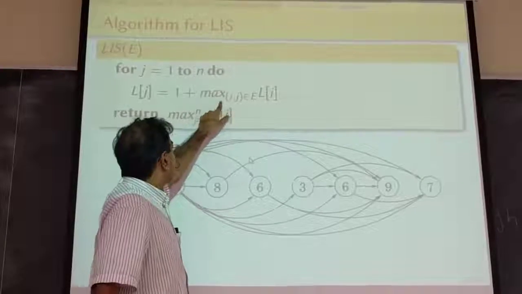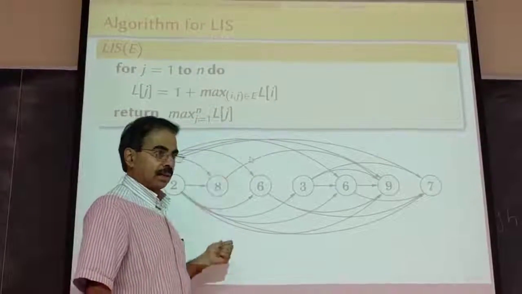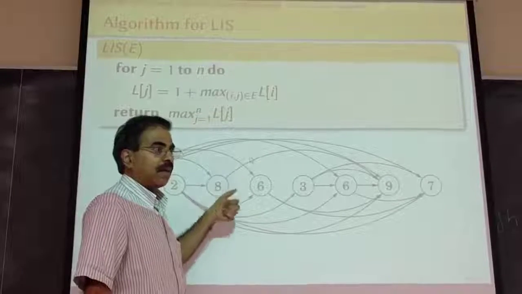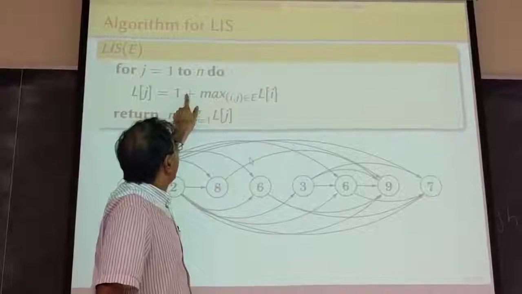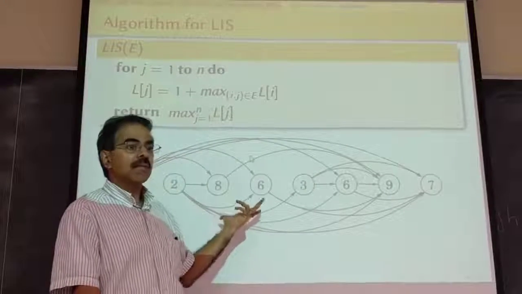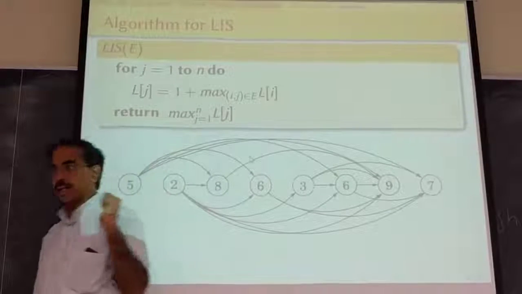And remember that because of the way we construct the graph, the predecessor is always less than j, right? Only then we have an edge. That's why we add 1 to the length, to say that j is being added to whatever is the longest sequence that we have computed up to i.